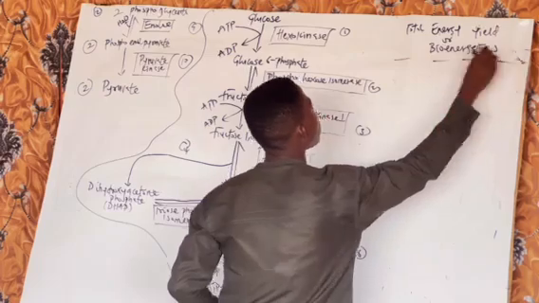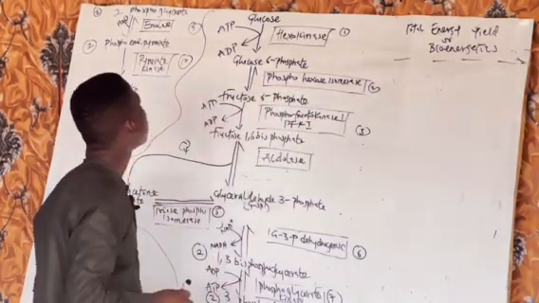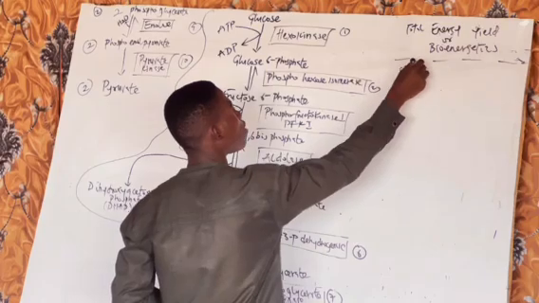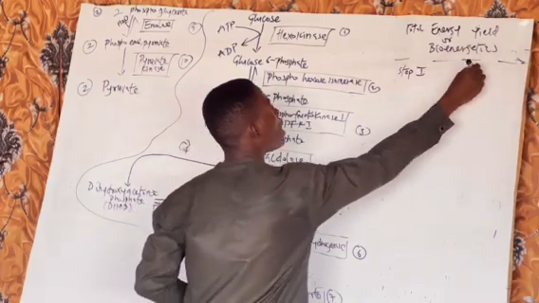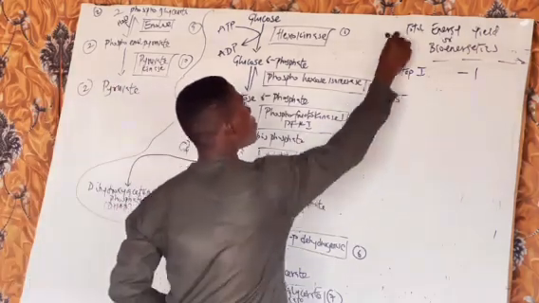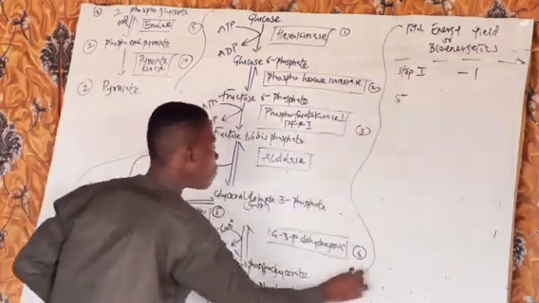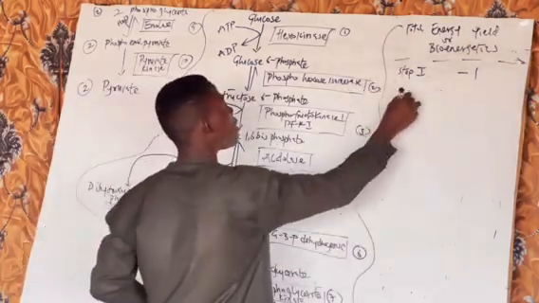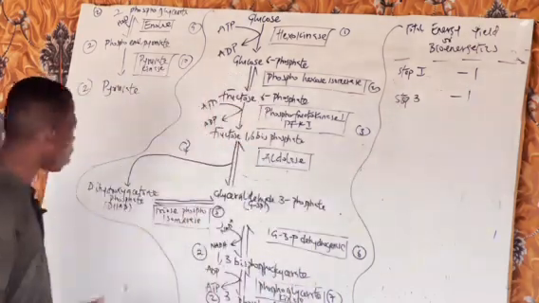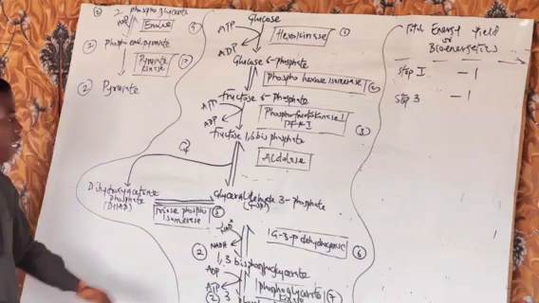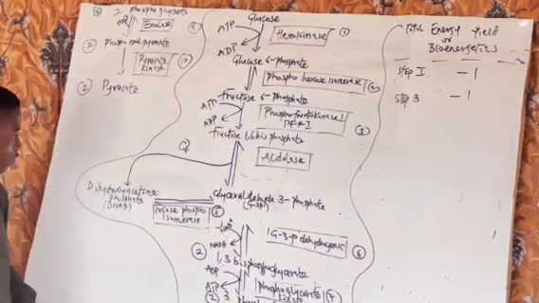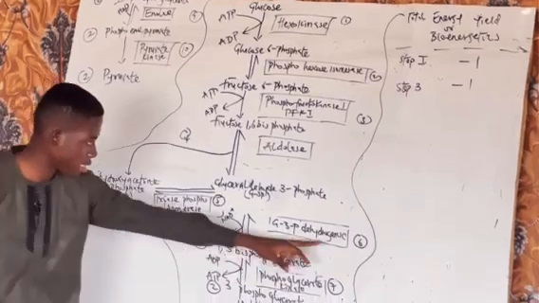At step 1, 1 ATP is being used up. At step 3, 1 ATP is being used up. Now, remember, everything at the payoff phase happens twice.